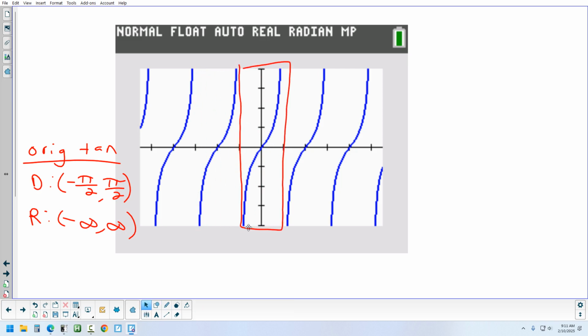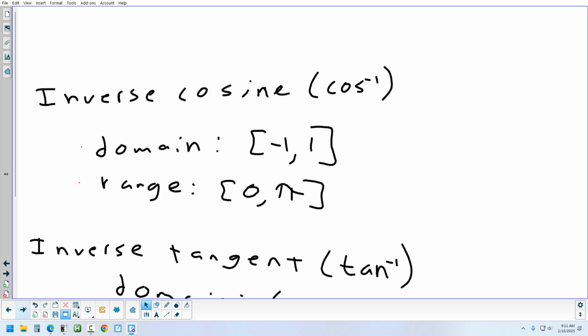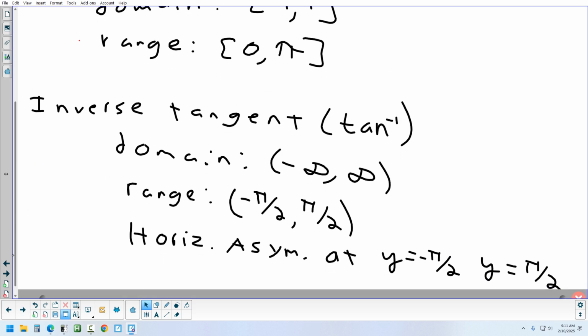But the sections that I gave you are exactly the same sections that a calculator would use, because we all have to agree on what section we're going to use. If we all use different sections to pass the horizontal line test, then we're all still going to get different answers. So we have to agree on everything that's up here, and that's pretty much the way every book does it.